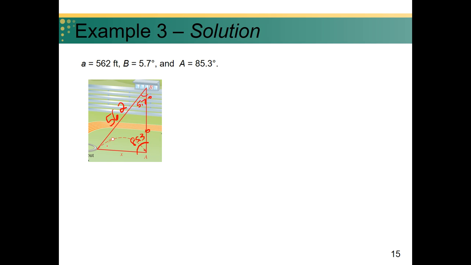We could find this angle, but who cares, right? Because we have partners here and we have our partner over there. So we're looking for a side, so put it with the sine on the bottom.